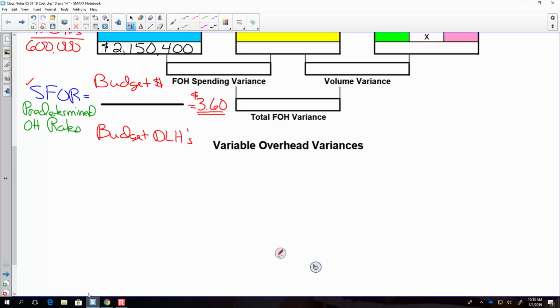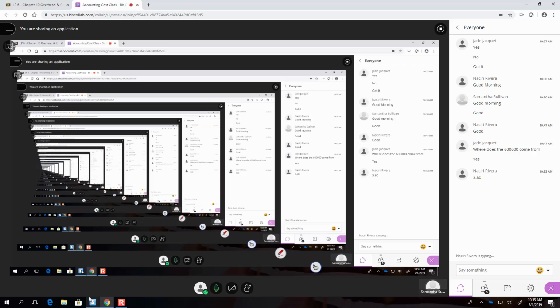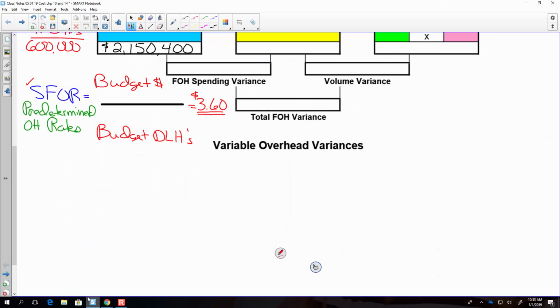I know it's a lot to write. What's my budgeted dollar amount, Ruby? $2,160,000. Does everybody see where that number is coming from? Given to us, that's our budget amount. Excellent. And then obviously the hours are the same as before.